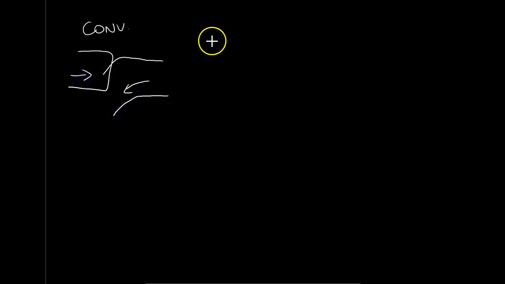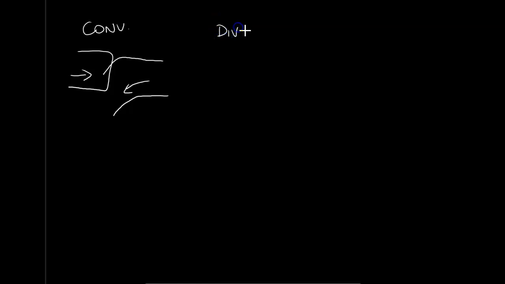So in terms of diagrams, we can have a convergent plate boundary. We have one plate coming or being available here, and then another plate that's approaching it this way. Okay, so they are coming towards each other.